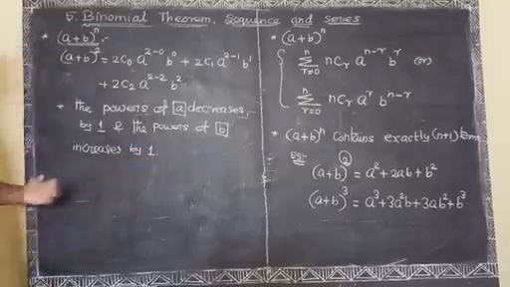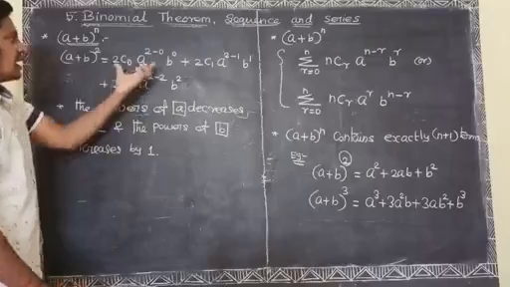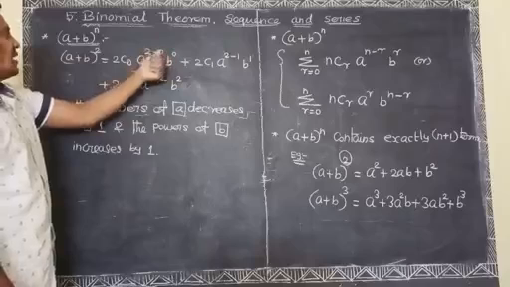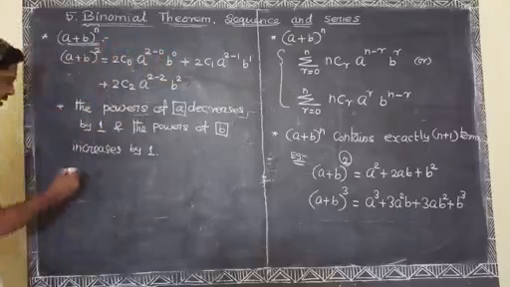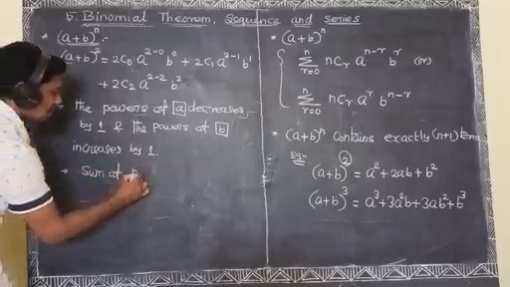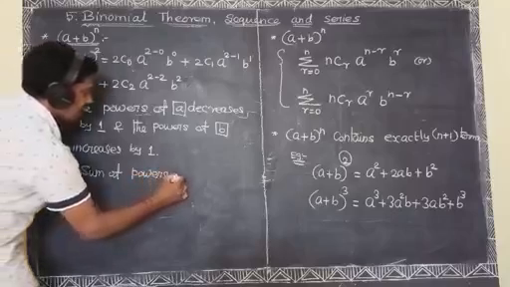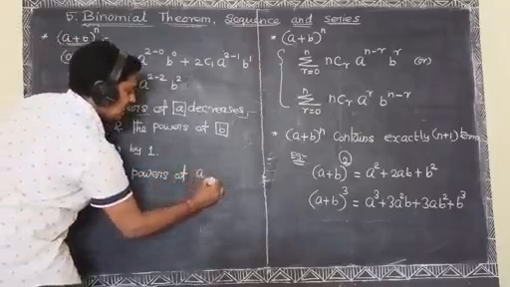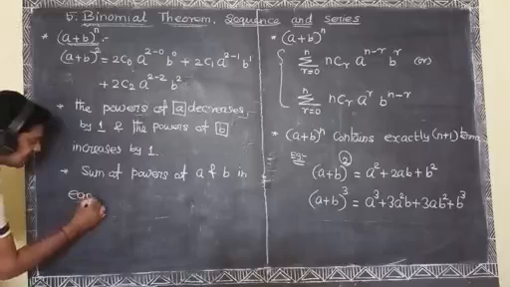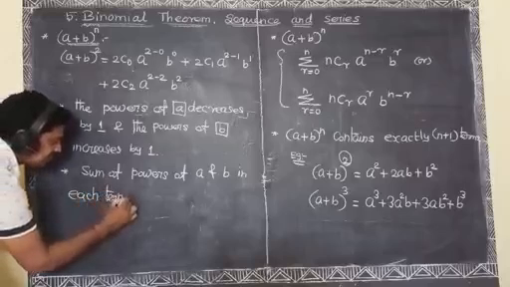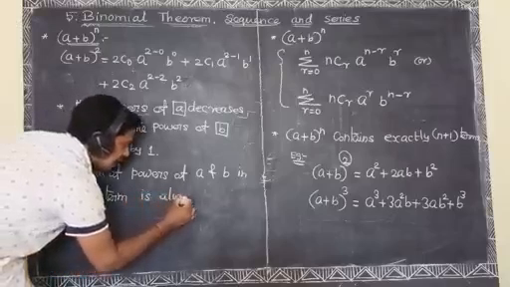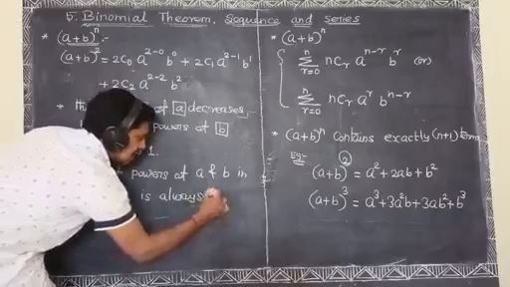At the same time, the sum of powers of a and b in each term is always n. Okay, always n.